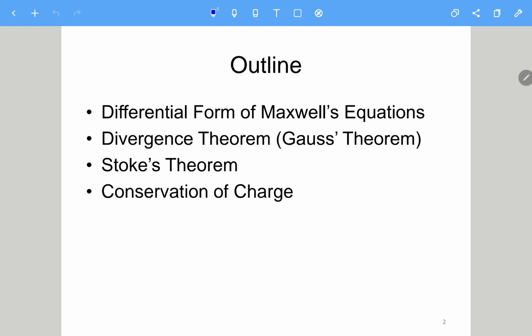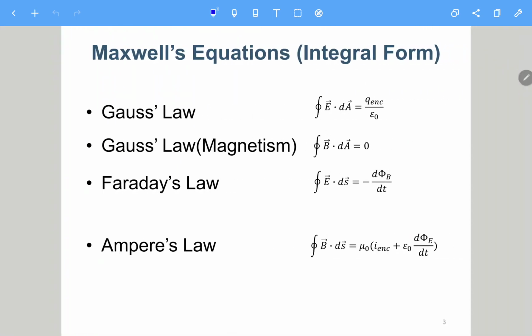You may ask whether we should add a third term, a fourth term, and so on to make it more accurate. The answer is no, because if we really care about the conservation of charge, two terms, the static current and the displacement current, fit perfectly. So this is briefly the outline.